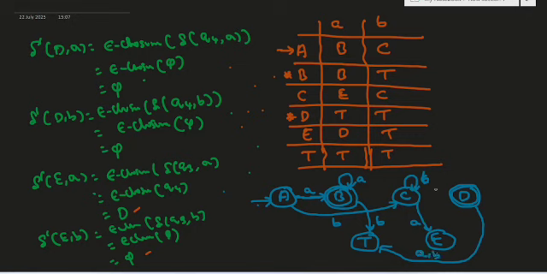Now, in E, when A is applied, it goes to D. In E, when B is applied, it goes to the trap state. Only one final thing is required, that is the trap state alone. Whether it is A or B, we go to the trap state itself. Now, this is called a DFA diagram for the given NFA.